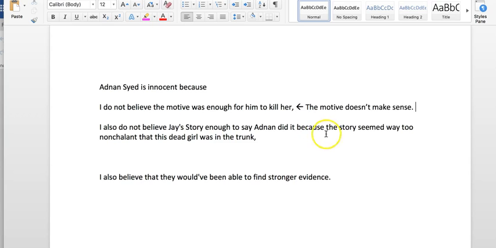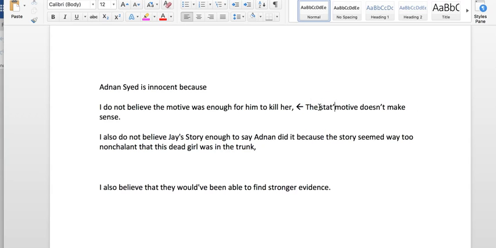And you want to be specific. And so you want to say the state's motive doesn't make sense. Why are we saying state's? We're saying state's because it was the state of Maryland that tried Adnan, and they had to prove that he was guilty, right? So it's the state's motive doesn't make sense.